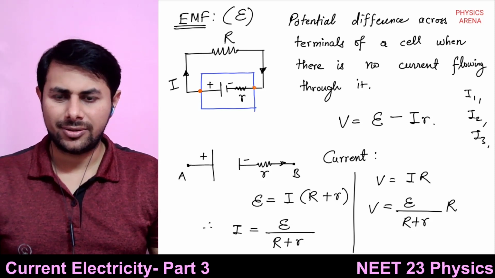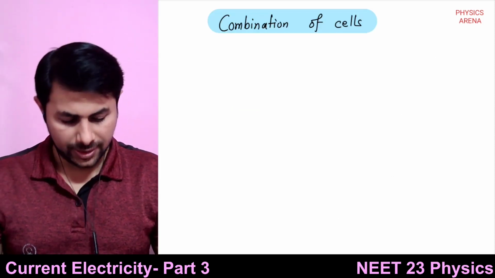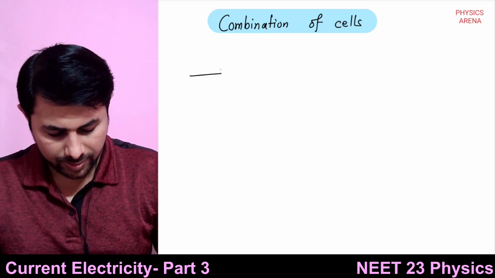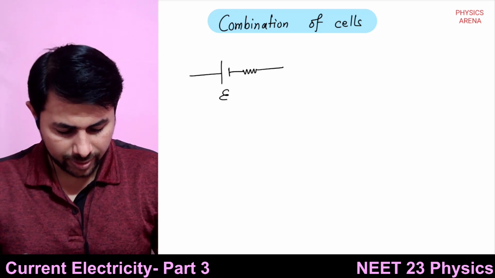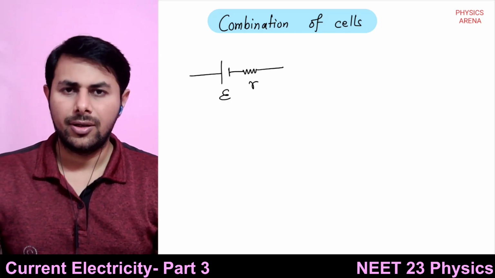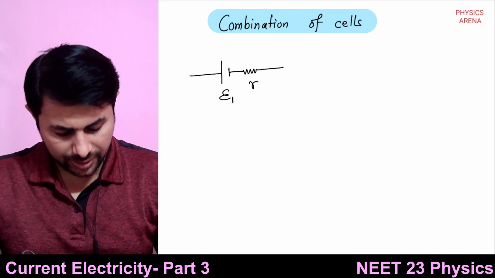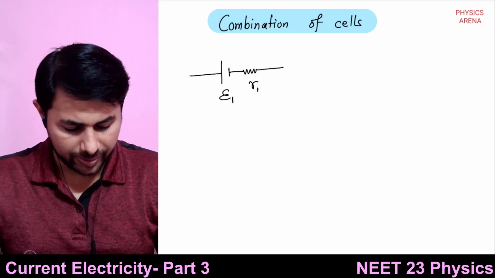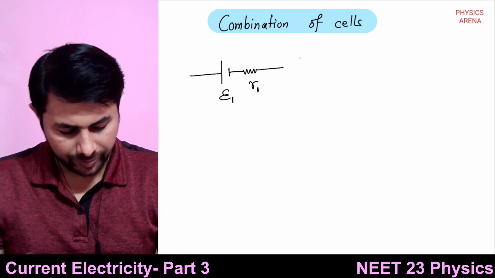Is this point clear? Suppose we connect two cells in series. This is my first cell. It has some EMF and some internal resistance: epsilon 1 is the EMF and R1 is its internal resistance.